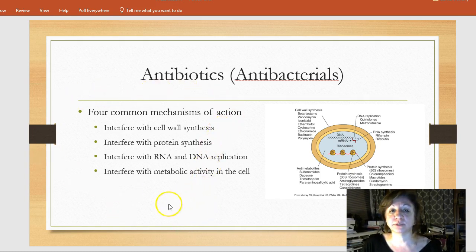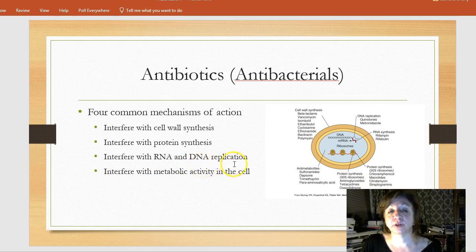So here are some ways that the antibiotics work on the cell. Again, I said that some will work on the wall. So interfere with wall synthesis, and that's your beta-lactams. Interfere with protein synthesis, that's your aminoglycosides, your tetracyclines.